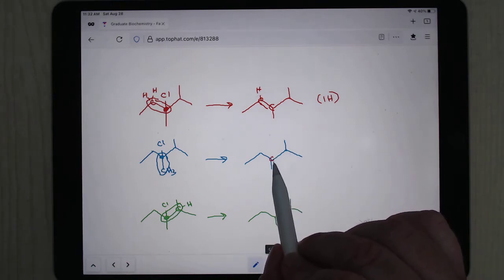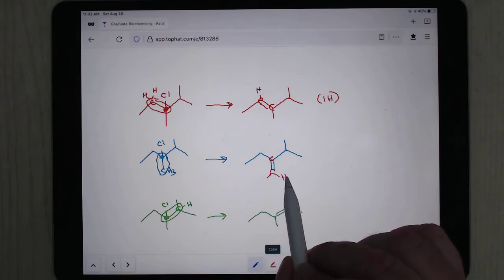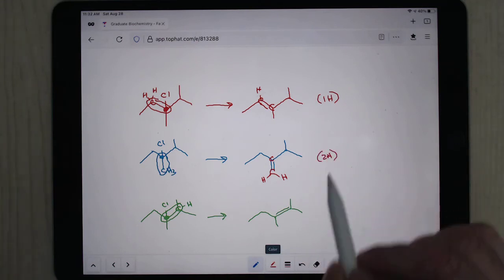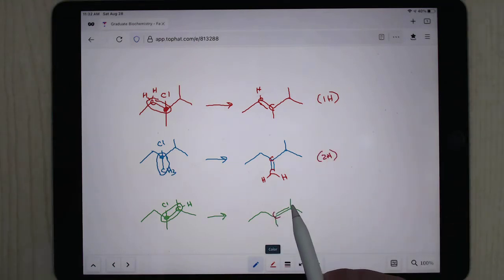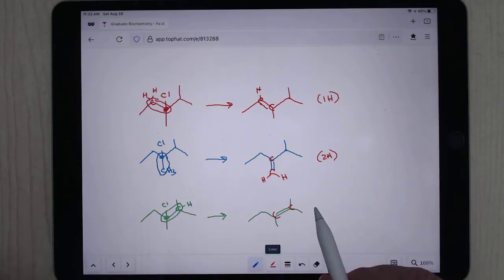If we look at this one, we're going to be looking here and here. The top one has all 4 bonds shown, so no hydrogens there. But this one has 2 hydrogens. Now for the green one, we're looking at here and here, and both of these actually have all 4 bonds shown. So there's actually no hydrogens there. I'm going to put this so you don't think it's an OH.